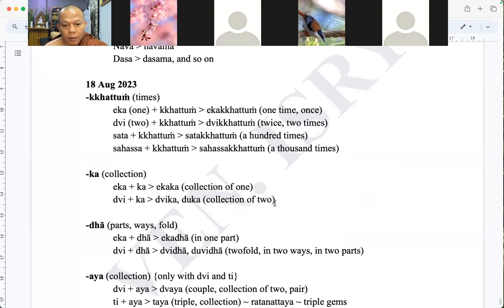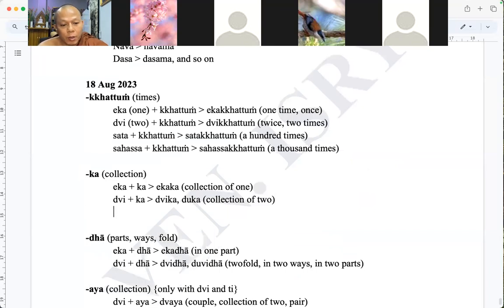And then with the ka, in Pali are very common.